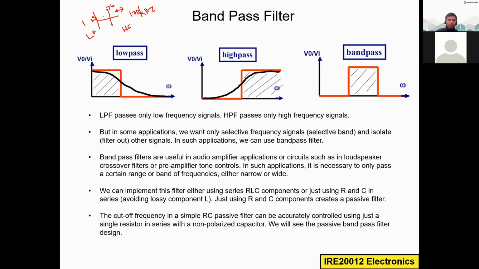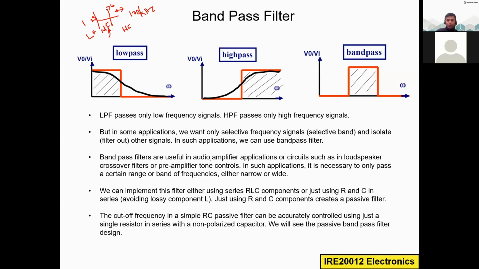In the middle range, whatever the frequency appears, this is called middle range frequency. In some applications, we do not want low frequencies and we do not want high frequencies. We are only interested in this mid range of frequencies. In that kind of situation, we can use these band pass filters.